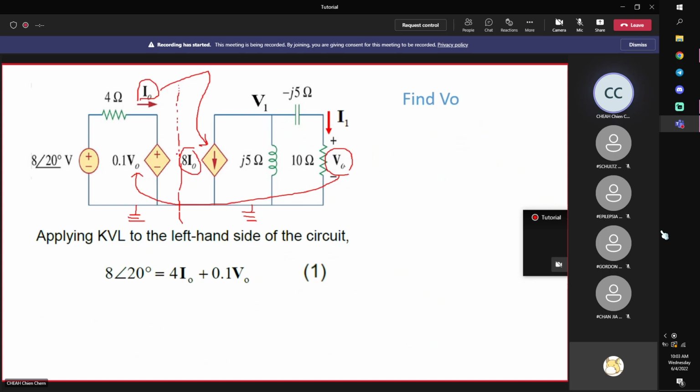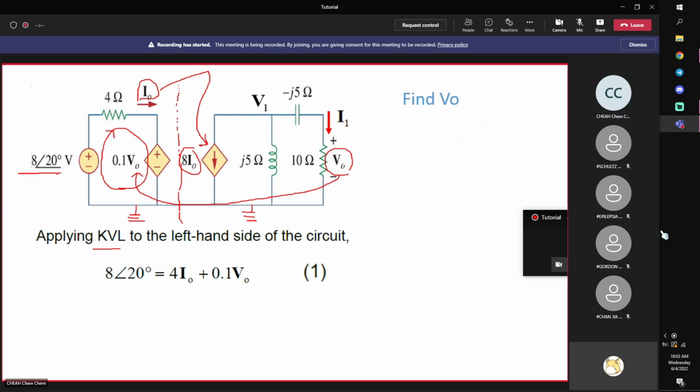Which means that they are coupled, right? I0 appears here, V0 appears here. That means both appear on the left-hand side and the right-hand side. So basically, if you look at the left-hand side first, there's only one loop. So it's easier to use Kirchhoff's voltage law to go around this loop and write down one equation.